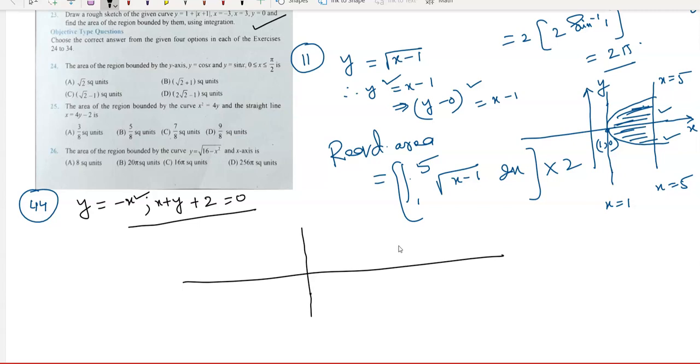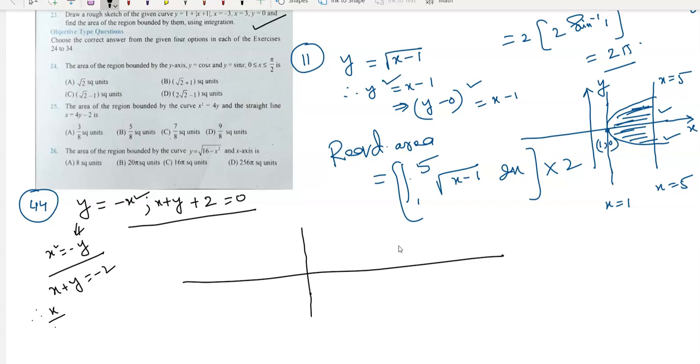We need to draw the diagram first. This parabola opening downward can be written as x square equal to minus y. Next one is x plus y equal to minus 2. So it is minus 2, minus 2, going this manner like this.